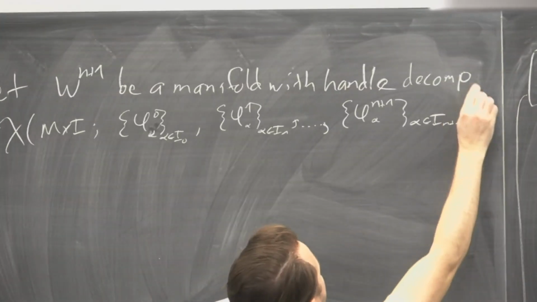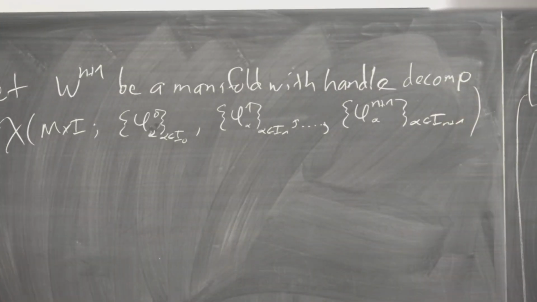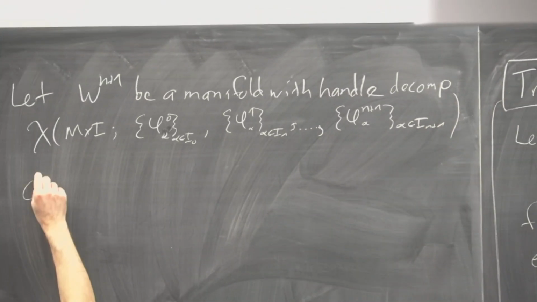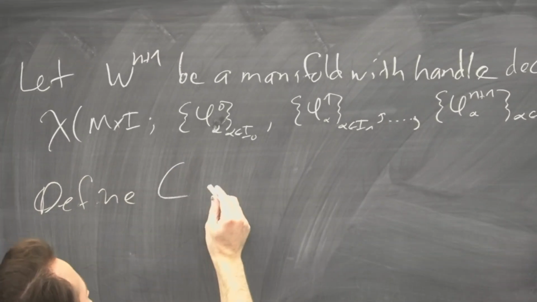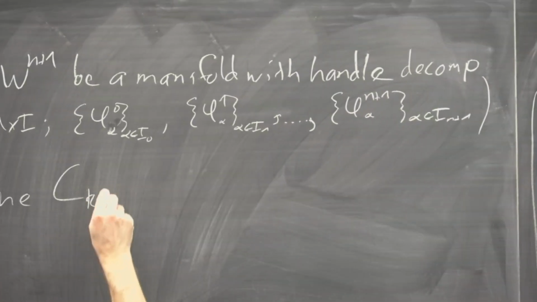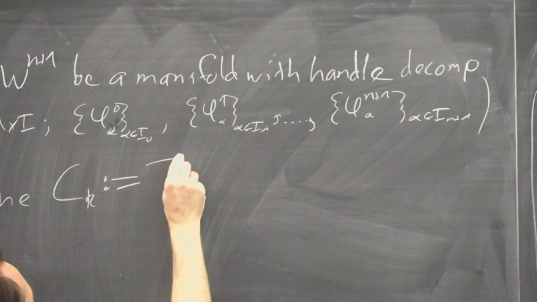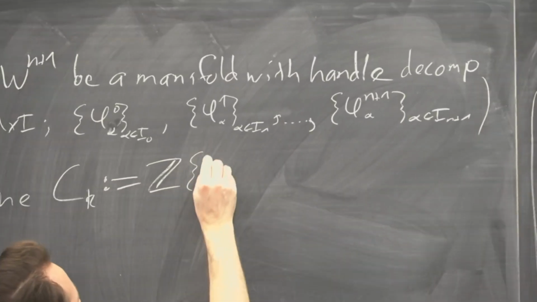So here's a big collection of handles for our manifold W. So now we're going to define C_k to be the free abelian group on the collection of k handles.